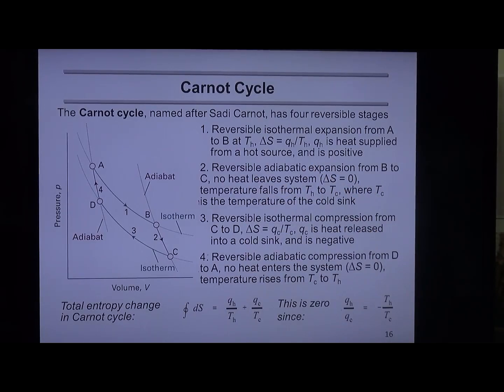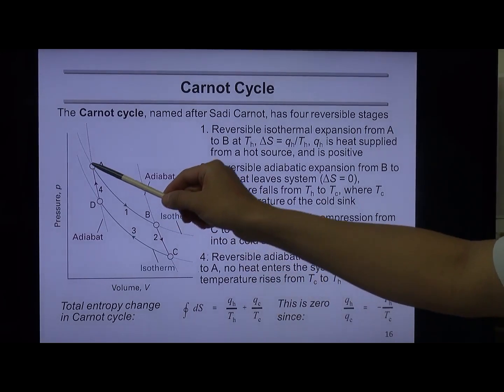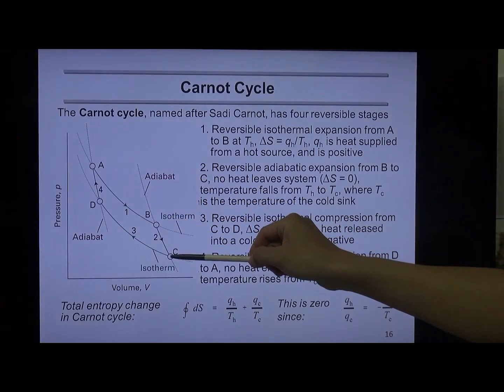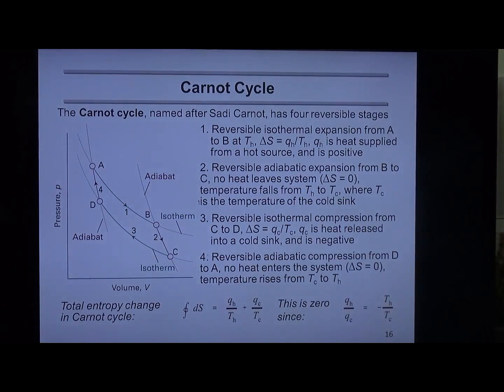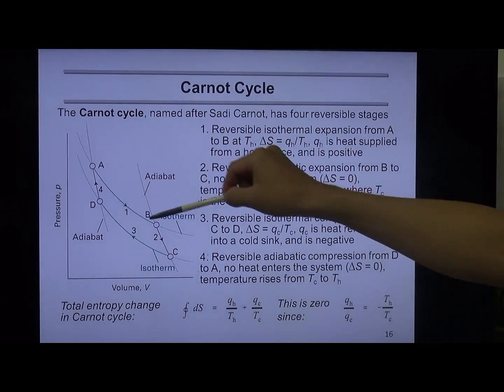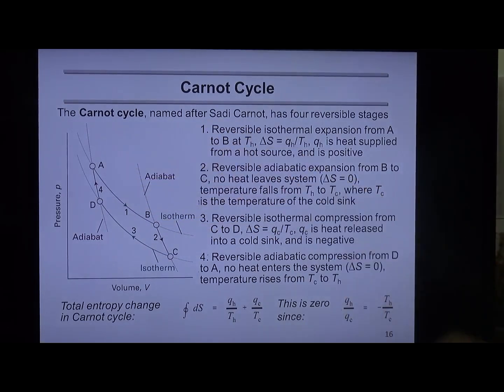The Carnot engine is one kind of heat engine. It does this kind of cycle, starting from A, B, C, D, A. It does this cycle again and again. By doing this cycle, the Carnot engine absorbs a certain amount of heat from a hot reservoir and converts it to work.